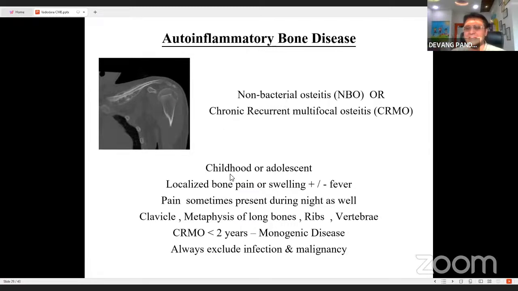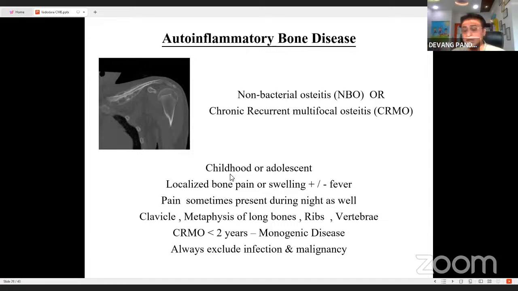This is a typical presentation in childhood or adolescence: a localized bony pain and swelling, sometimes night pain as well. And if you have clavicle involvement, it is almost confirmed that it's CRMO. The most common other sites are the metaphyses of the long bones, ribs, and vertebrae.